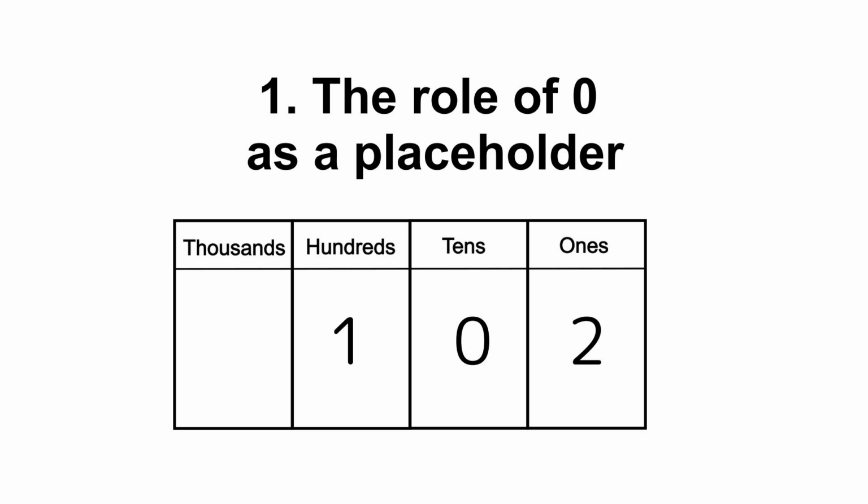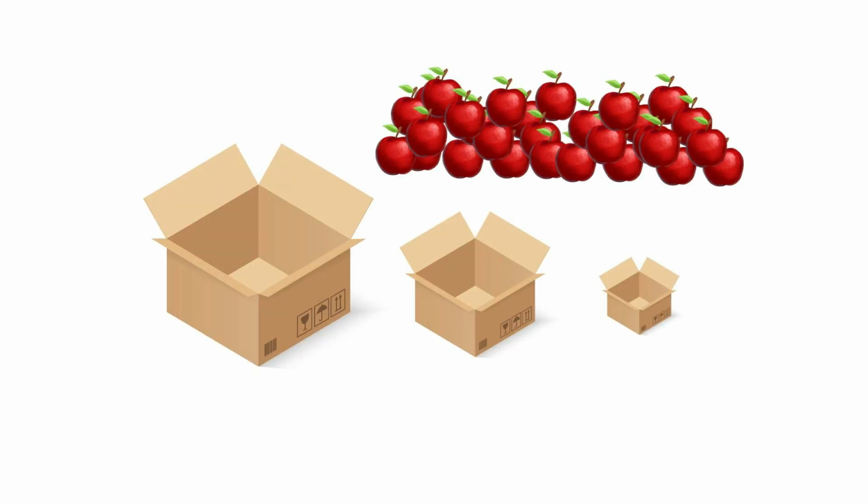Let's look at an example from everyday life. Consider packing 102 apples into a box. 3 kinds of boxes are available. One large box holds 100 apples, one medium-sized box holds 10 apples, and one small box holds 1 apple. The number of boxes needed to hold 102 apples is as follows. 1 box to hold 100 apples, 0 boxes to hold 10 apples, and 2 boxes to hold 1 apple.